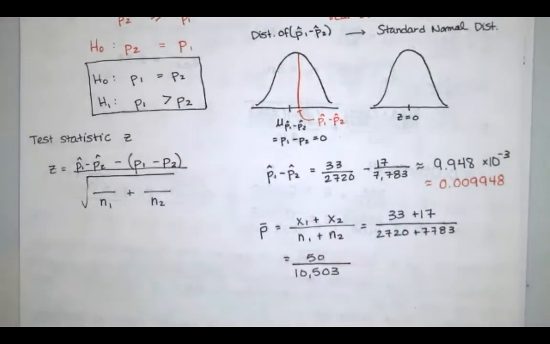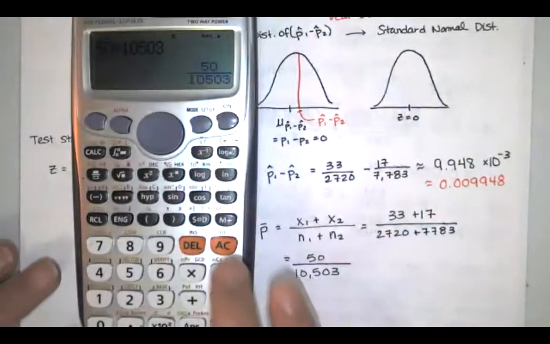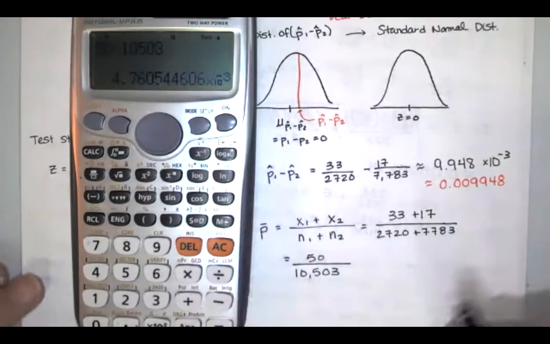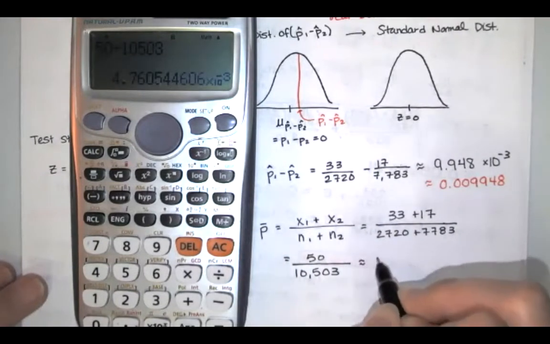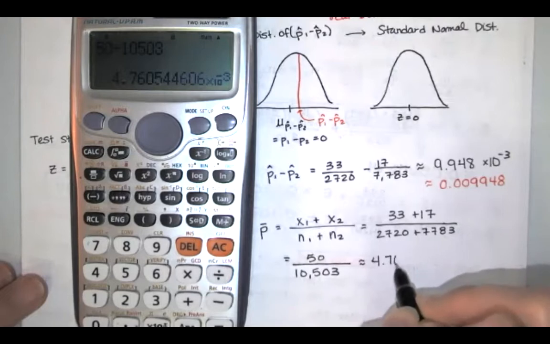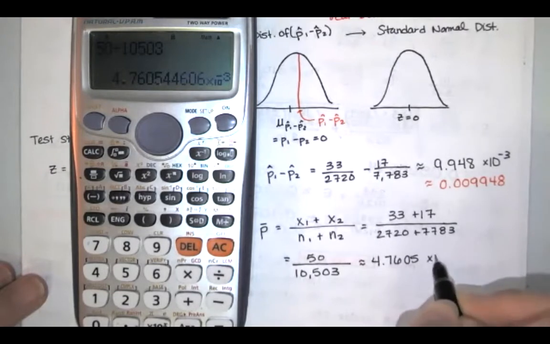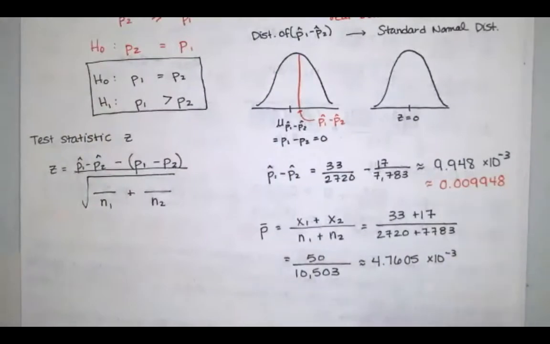And then I want a decimal approximation of that. So I will type that into my calculator, 50 divided by 10,503. And I get approximately 4.7605 times 10 to the negative third. So that's my P bar.